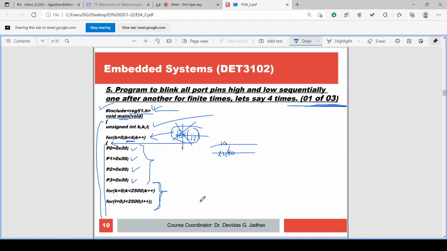You can make it 5 times, 3 times, 2 times, 10 times. Okay. You can reduce the delay, you can increase the delay anyways. Okay. So we'll check this by simulating also.